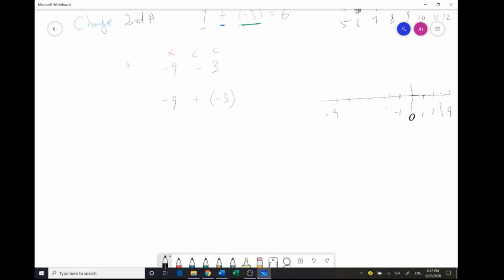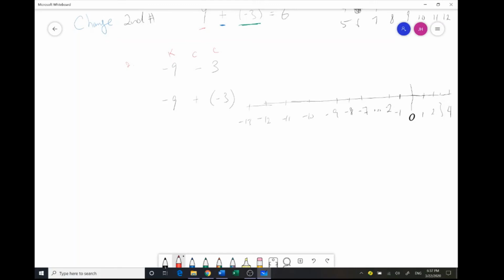Negative 1, negative 2, dot dot dot. So until here, negative 7, negative 8, negative 10, negative 11, negative 12, negative 13 as well, something like that.